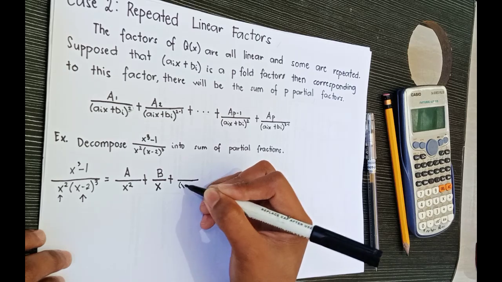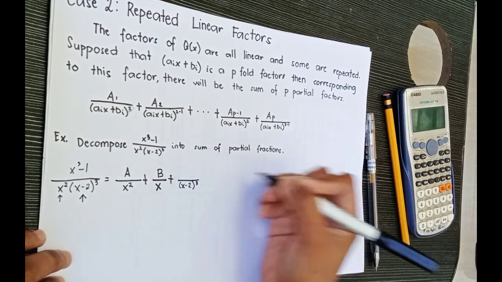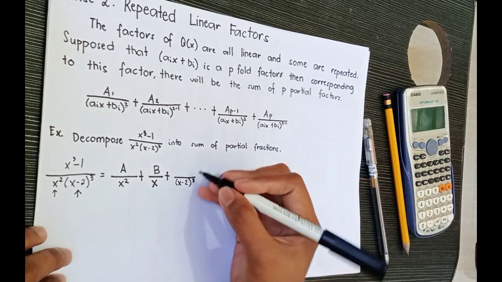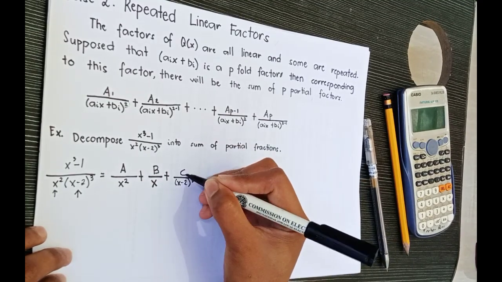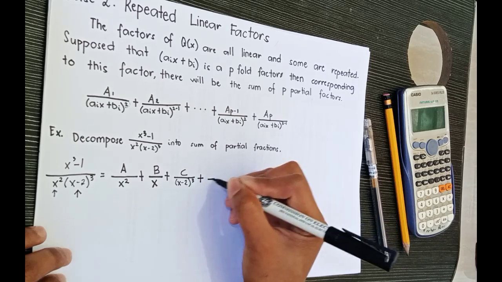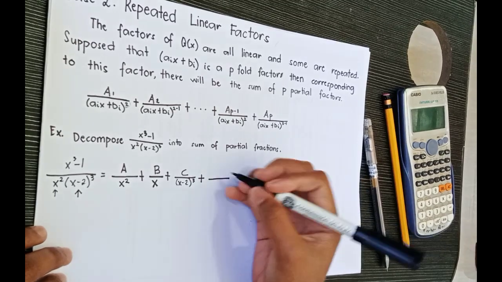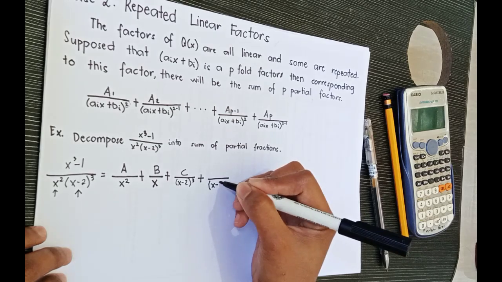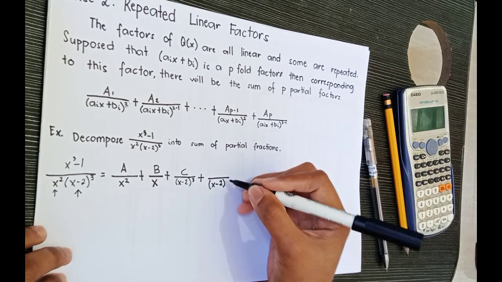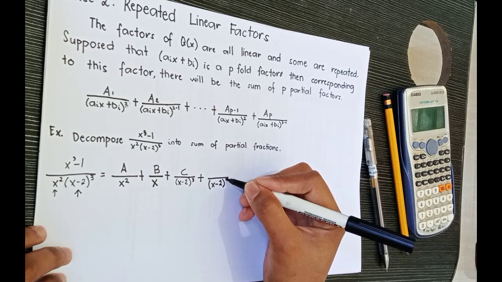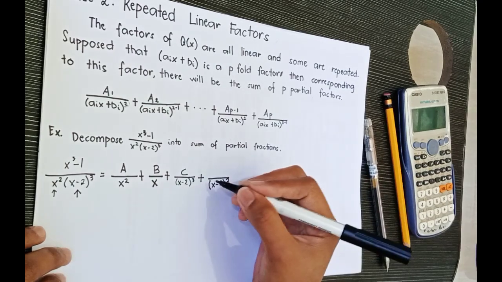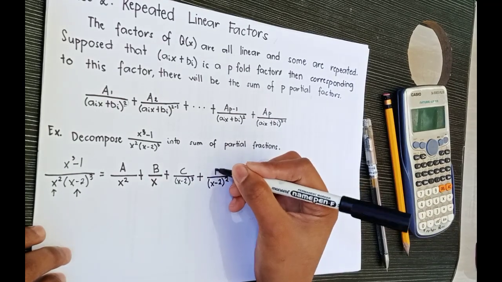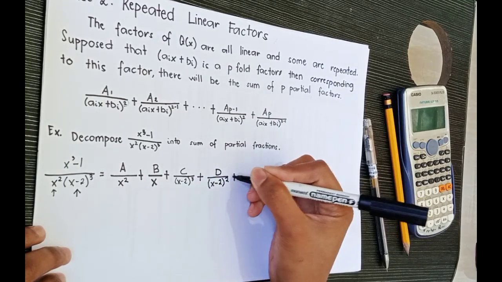So, let us start with (x minus 2) raised to 3 and put a constant in our numerator, let's say C. Plus, we deduct 1 again from its exponent, so (x minus 2) will now be raised to the power of 2, since 3 minus 1 is 2, and D for the constant in the numerator.